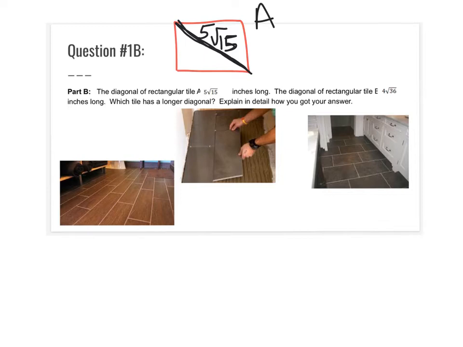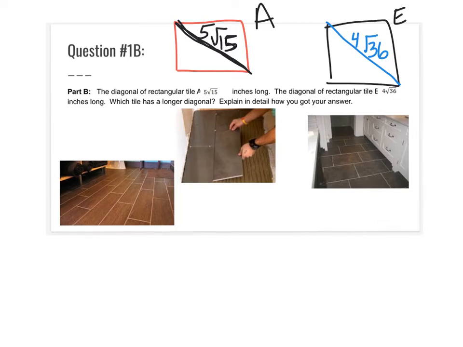The diagonal of a rectangle, tile B, is 4 and the square root of 36 inches long. Which tile has a longer diagonal?